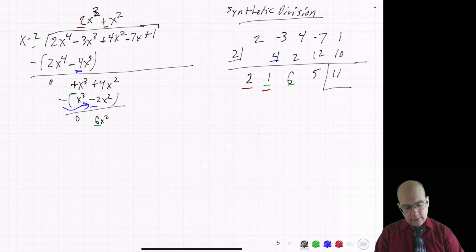Let's keep going over here. 6x squared minus 7x. Oy vey. So we need to get rid of 6x. At this point, I no longer can recall if I'm doing a different sign or not. I think I do this. 6x squared. It's really awkward to switch between these two methods.